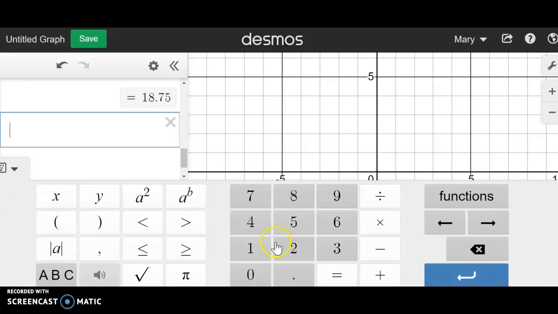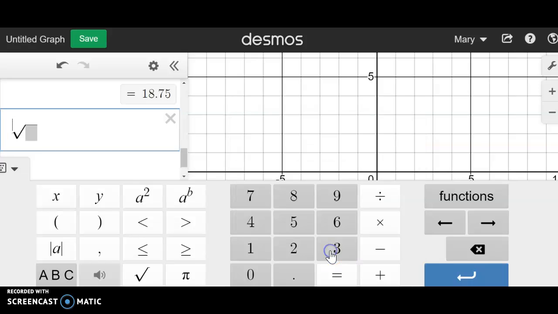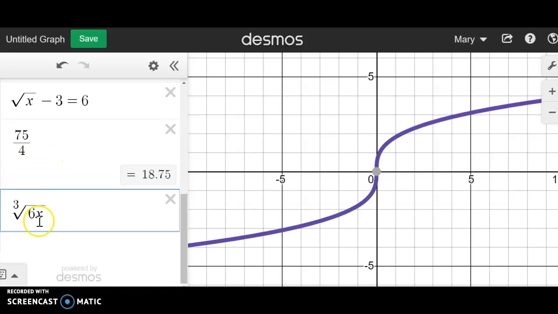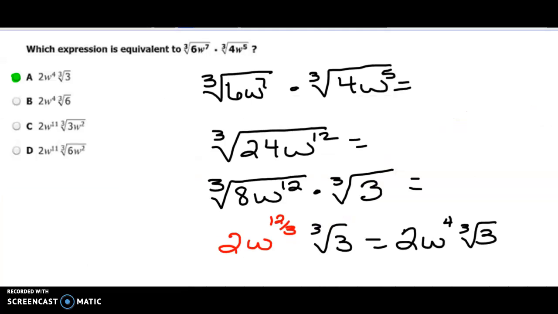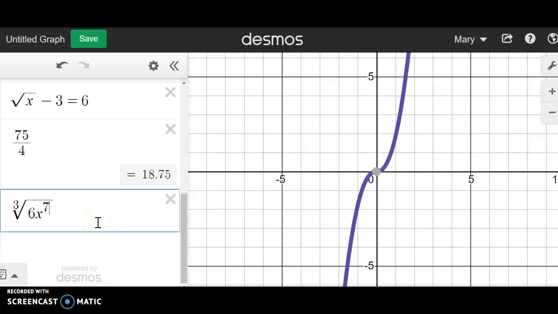We have to go to our functions, over to miscellaneous, and the middle column in miscellaneous will give us that choice. So we've got the cube root of 6x to the 7th. So we're going to raise that x to the 7th power.